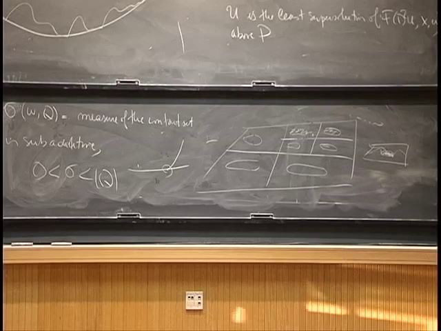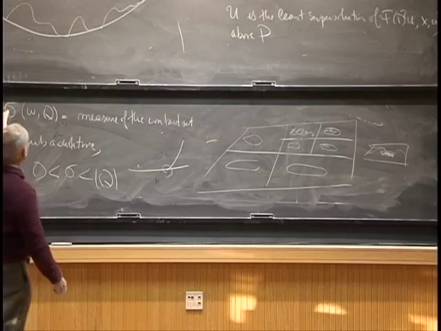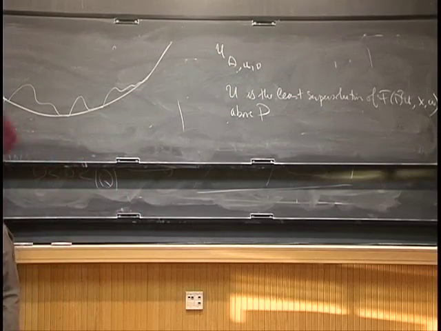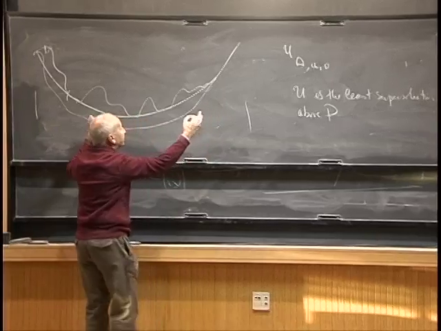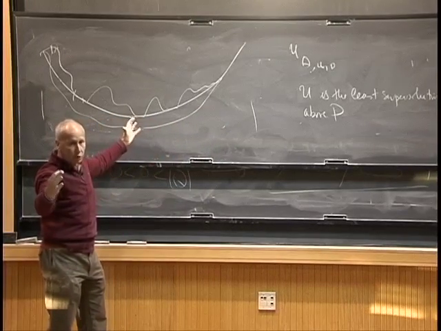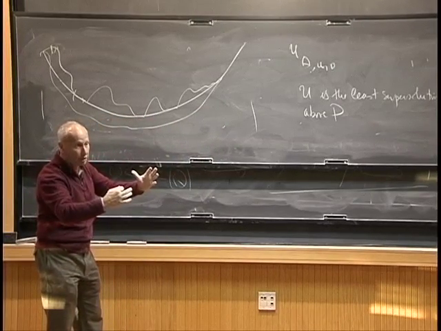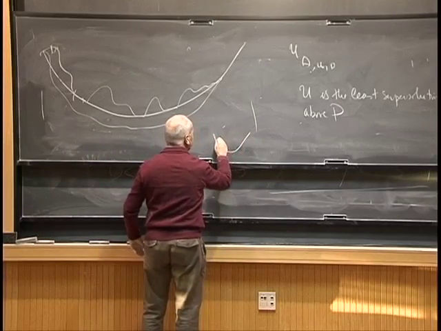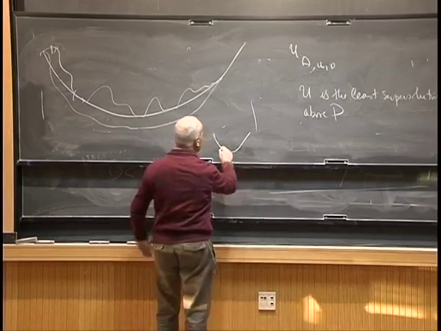So I take the big picture. I have the free solution, and I want to estimate how close they are. So I shrink to the size of order epsilon, right? Everything is invariant by quadratic rescalings.